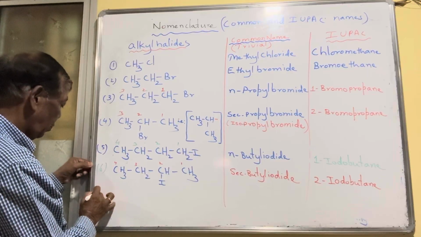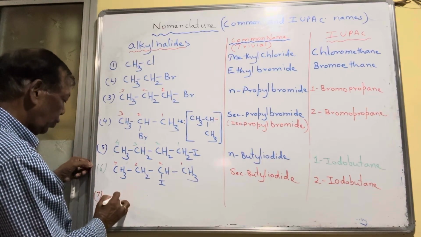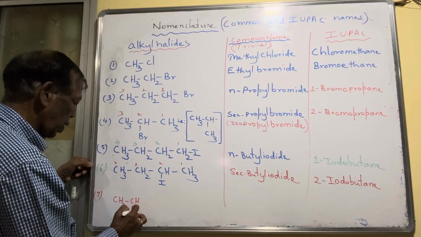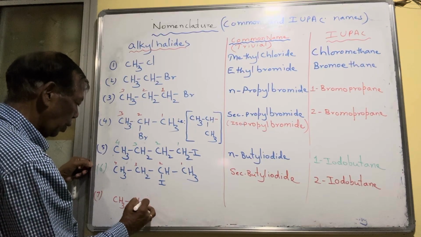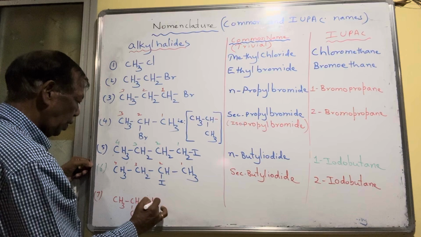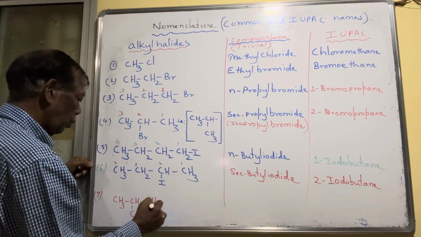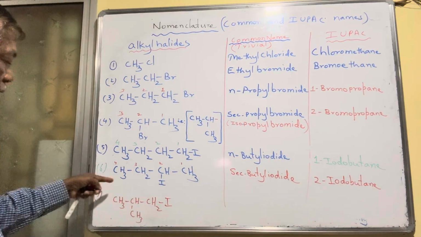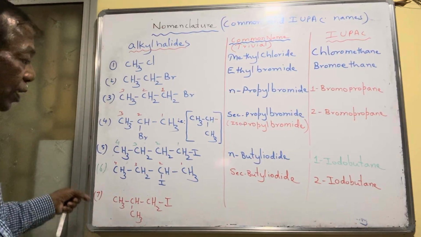Number 7, we'll put here iso, just to understand properly what is called iso. CH2, 1, 2, 3, 4, and I. Now here, this is iso. Again, that word comes, iso.